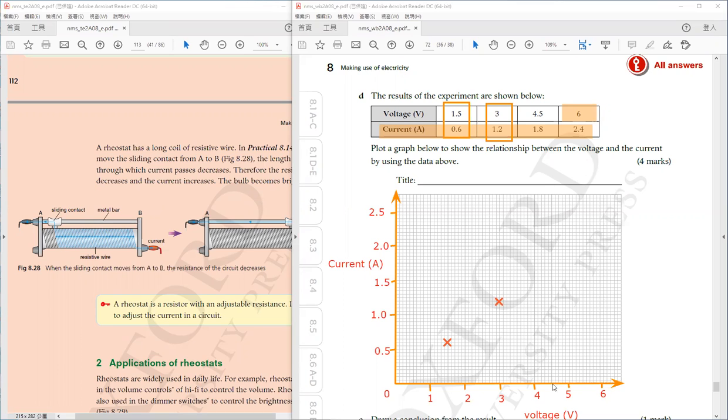When voltage is 4.5, current is 1.8. And then later, you can draw a straight line passing through all of them.